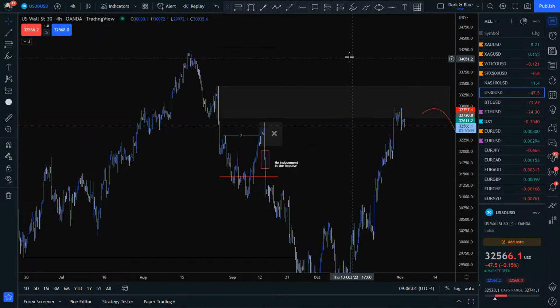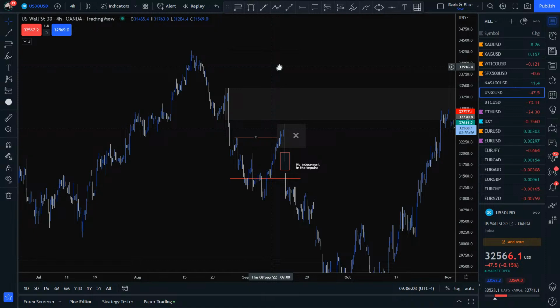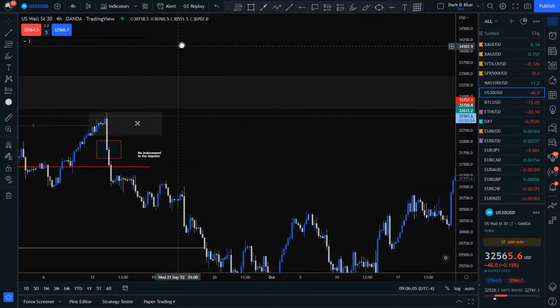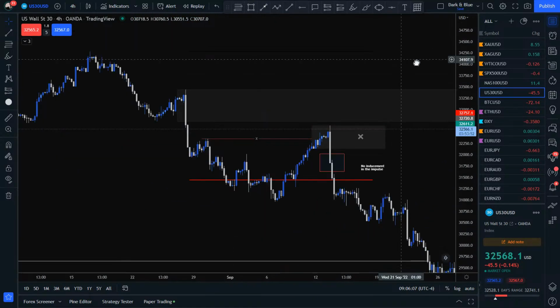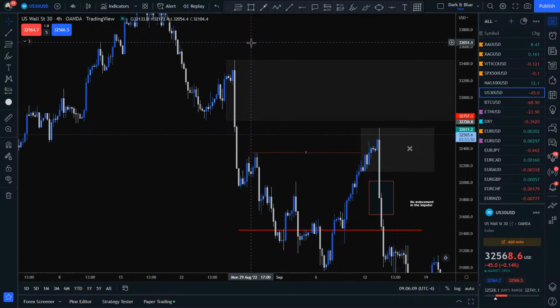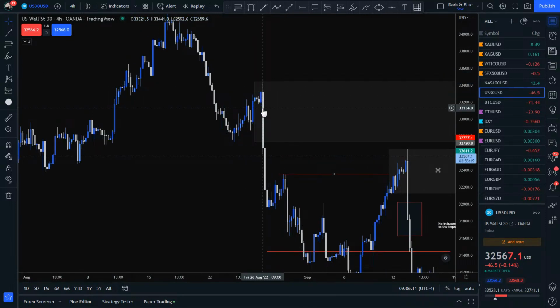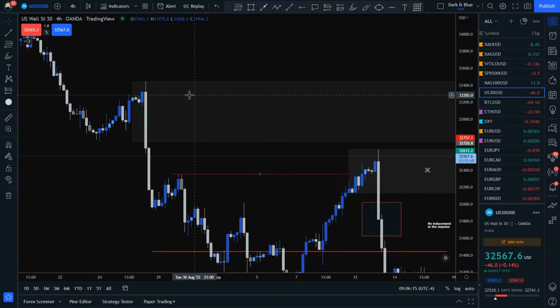What you want is where you see a very aggressive push to the downside. You want to see where it intersects with the buy up, the buy to that aggressive sell. You mark that as your zone.